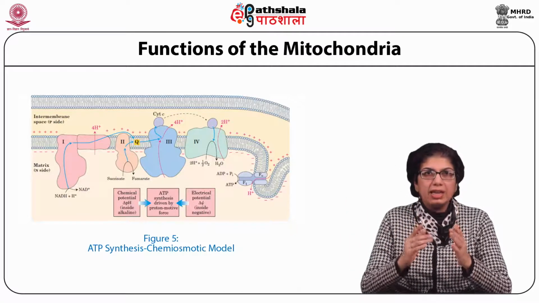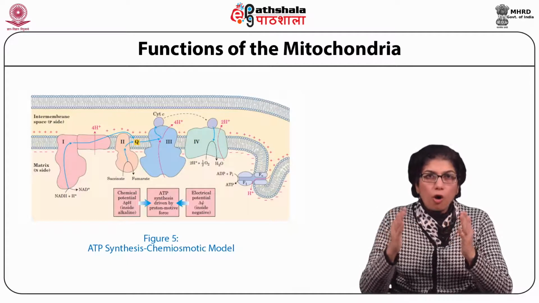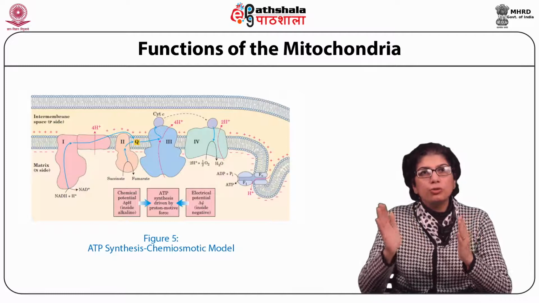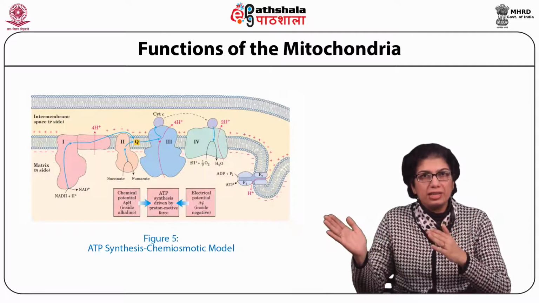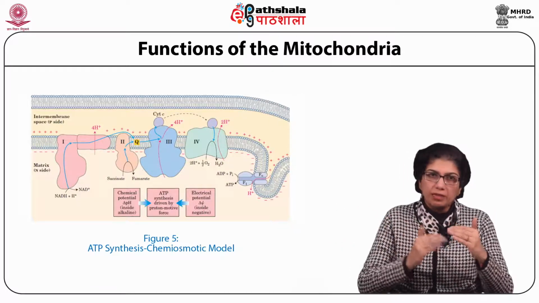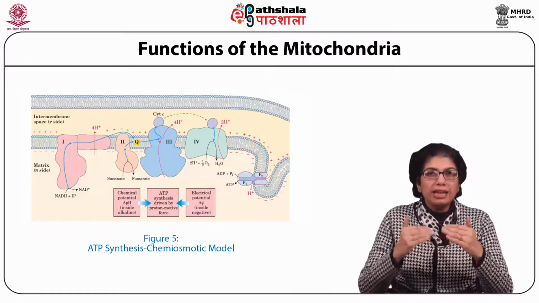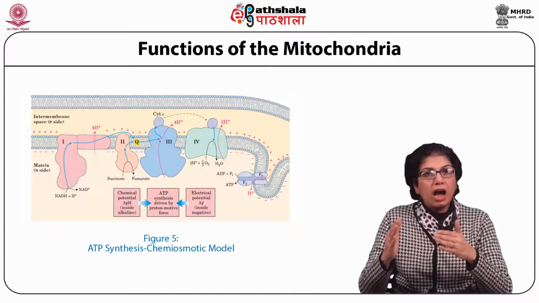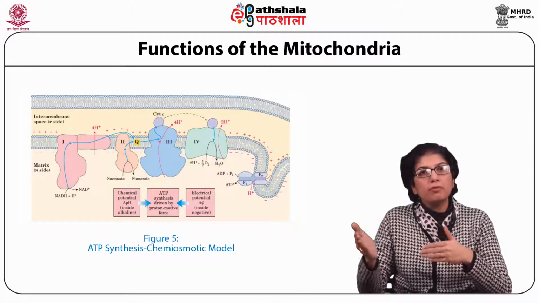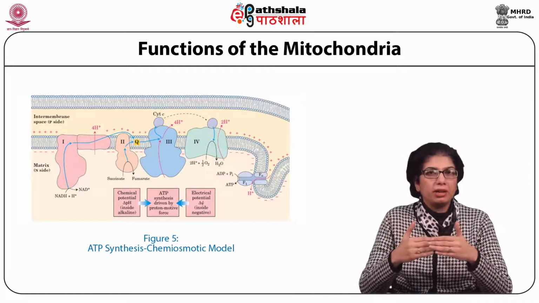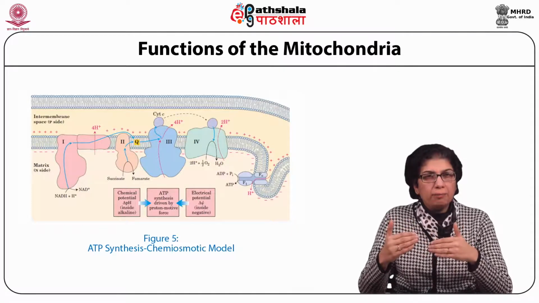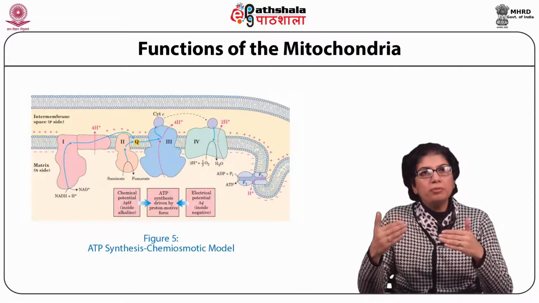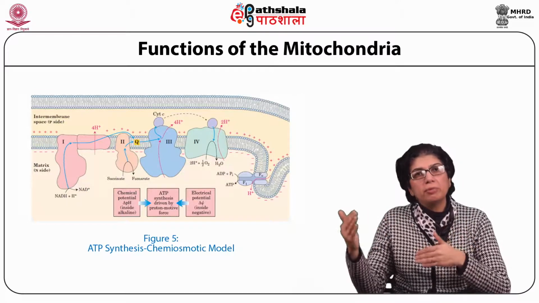Cytochrome C is a soluble protein of the intermembrane space and associates through electrostatic interactions with the outer surface of the inner membrane. The cytochromes of type A and B are integral proteins of the mitochondrial inner membrane. Complex 3 also pumps 4 protons from the matrix to the intermembrane space.